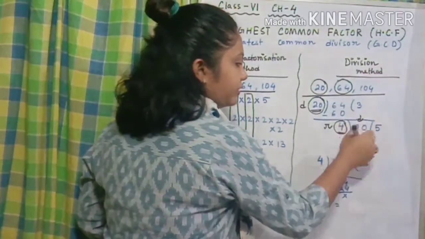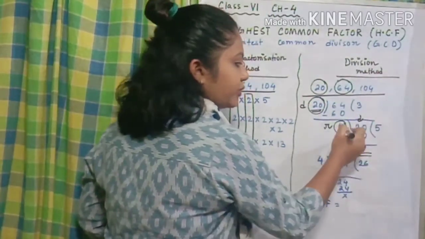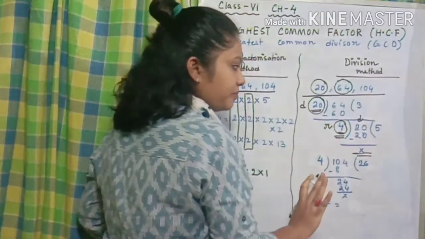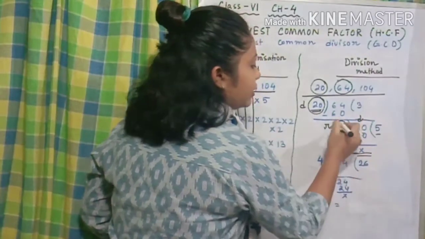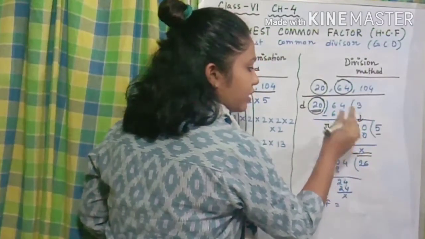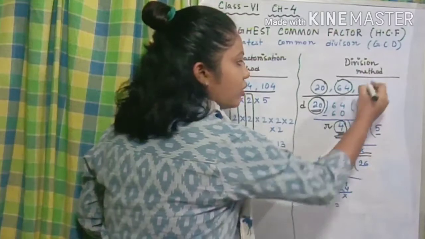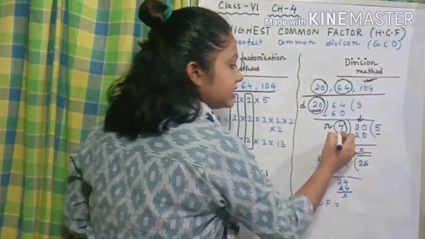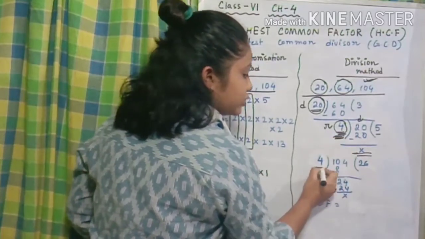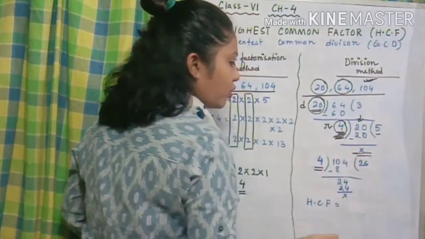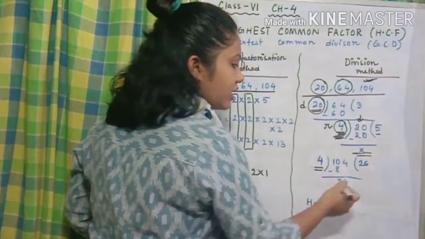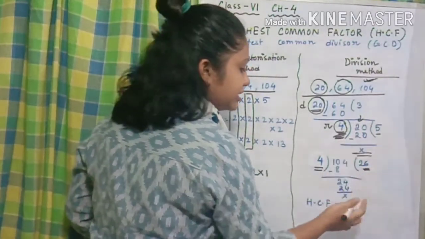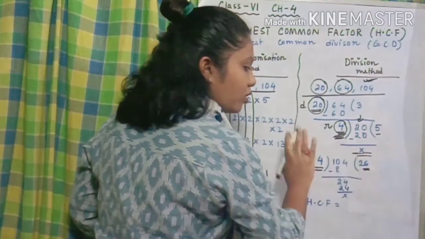After it has been completed, you can see 20 got divisible by 4 and 5 is the answer. Now, as 4 divided it, we are going to divide the largest number by the same remainder. So here 104 got divided by 4 itself, and after the number 26, 104 got divisible.